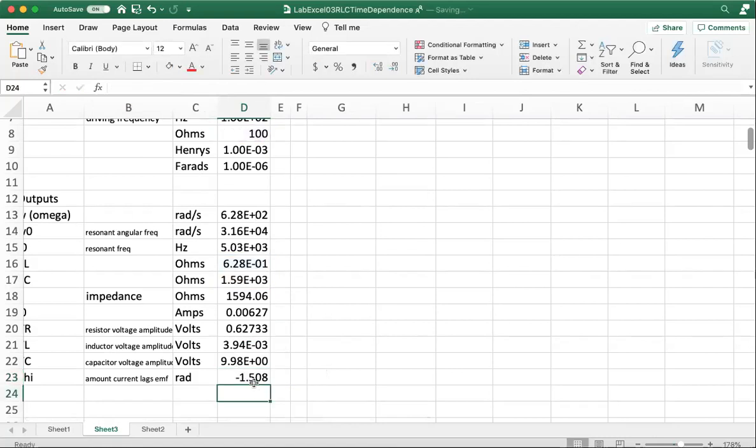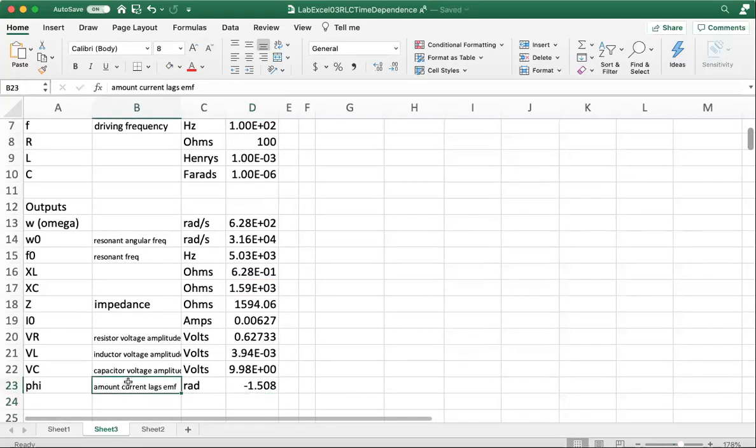Now we're at negative 1.5, which is basically negative pi over 2. Since phi is the amount the current lags the EMF, this means the current is leading the EMF by almost 90 degrees. That's also a capacitor kind of thing.